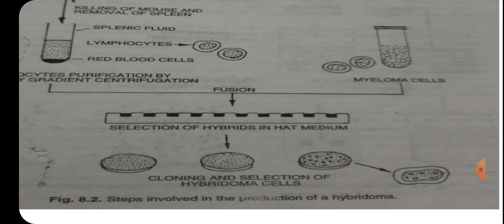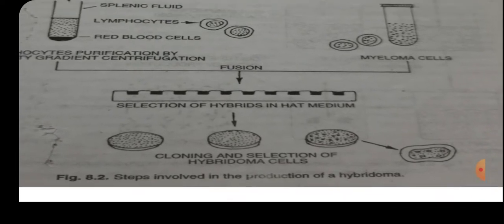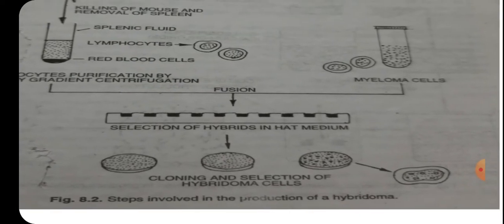On HAT medium, normal lymphocytes and myeloma lymphocytes cannot grow individually. Only a hybridoma cell can grow on the HAT medium, and so we see only hybridoma cell lines growing on it.